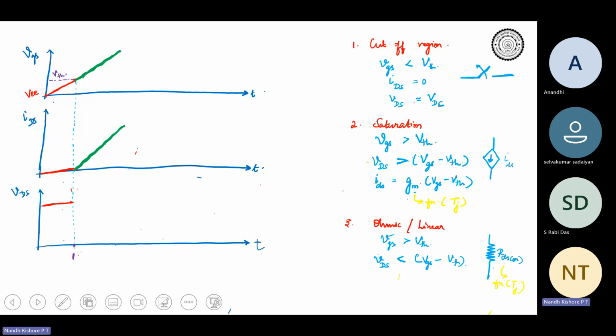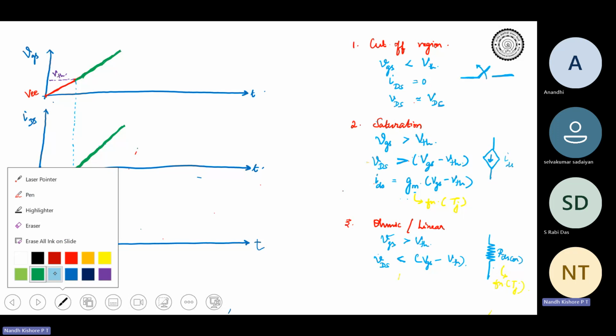What about VDS? Will VDS fall during this period? Yes, it starts to fall down.